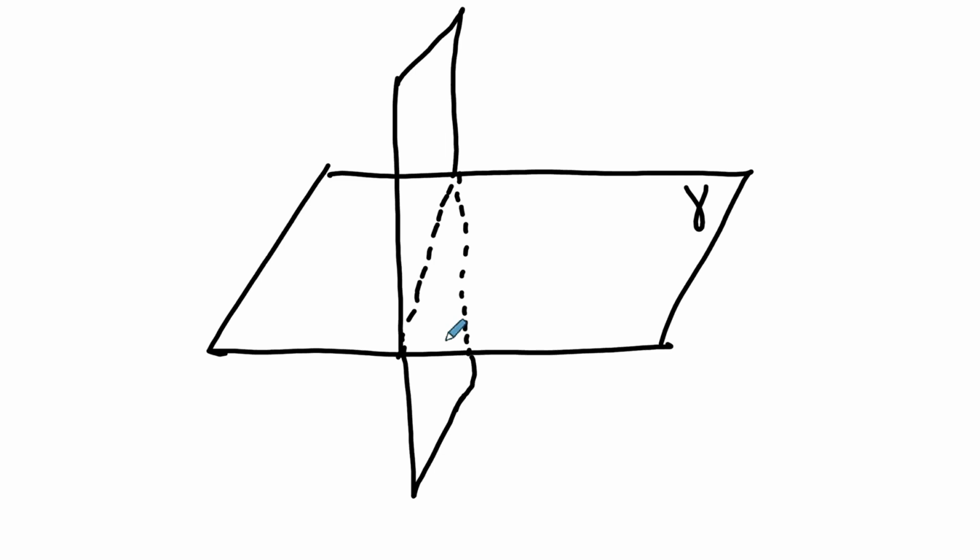So we imagine you've got a flat surface, and you take some other flat surface and you want to bring that second flat surface in such a way that it is perpendicular to the first flat surface. This will be plane delta. How do we know that gamma is perpendicular to delta?